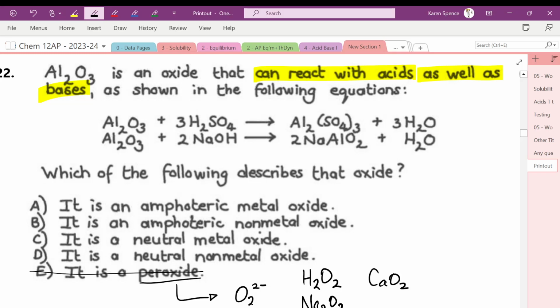So if you ever see an oxygen containing ionic compound or water that doesn't look right because it's got the wrong number of oxygens, or the wrong number of sodiums, you know you've probably got a peroxide, because the charge is different.